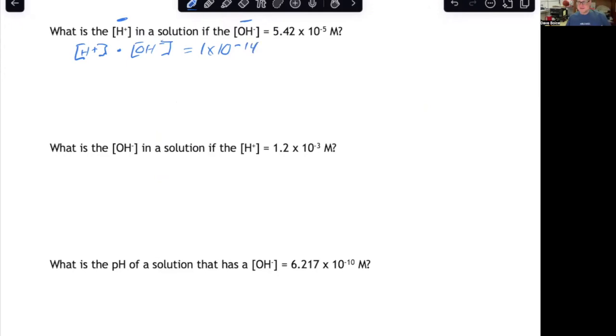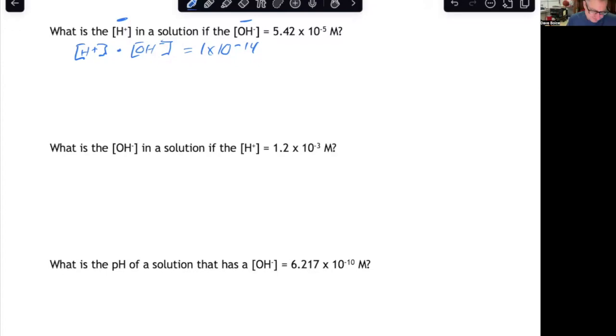That's the self-ionization of water. Water will kind of break into its ions in a very small amount, exactly 1 times 10 to the -14. And if we have a bunch of extra H+ versus OH-, that's how we can tell if something's an acid or a base. So that's kind of the whole basis of this thing.